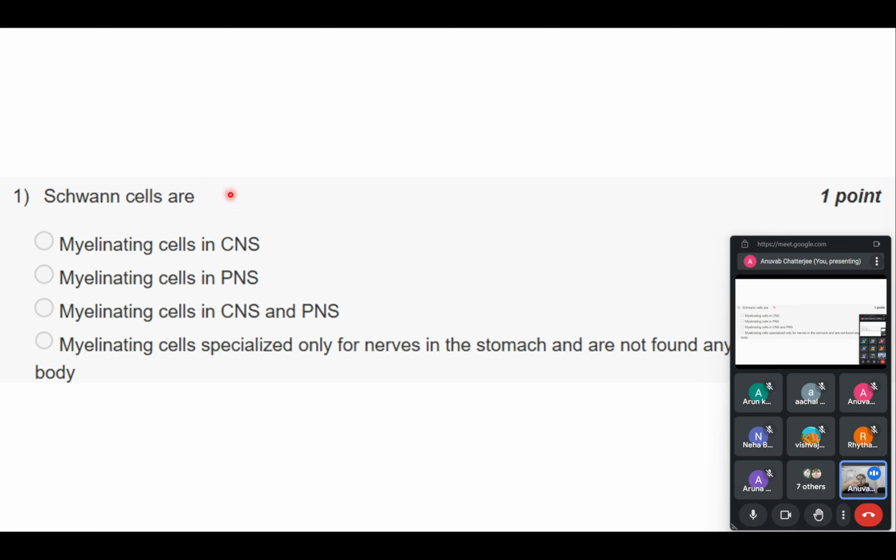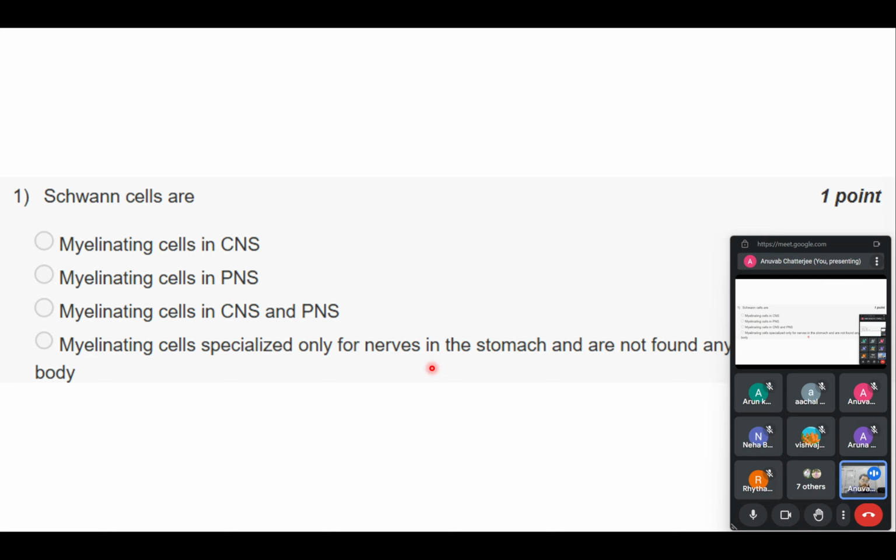Schwann cells are: option A, myelinating cells in the CNS, or the central nervous system; B, myelinating cells in the PNS, or the peripheral nervous system; C, myelinating cells in the CNS and PNS; and D, myelinating cells specialized only for nerves in the stomach and not found anywhere else.